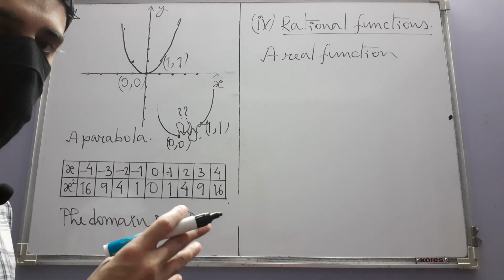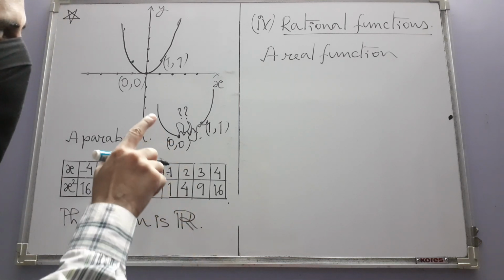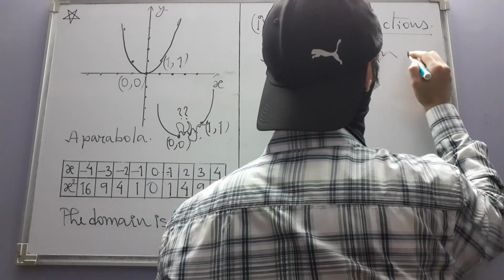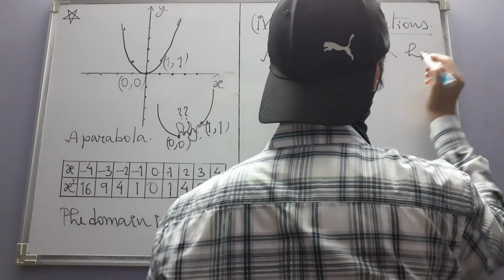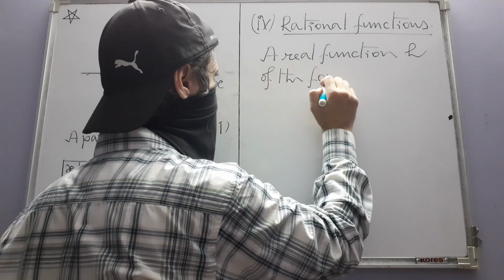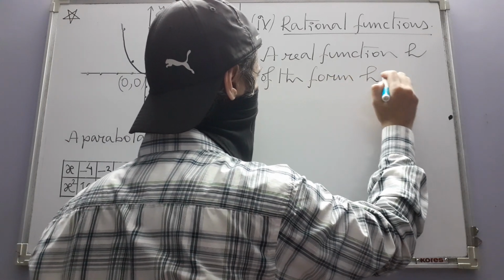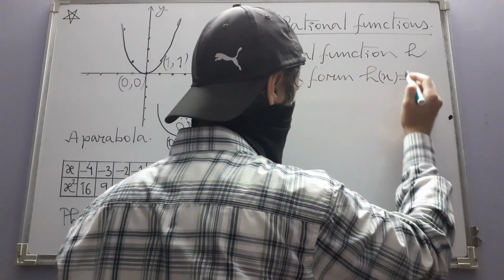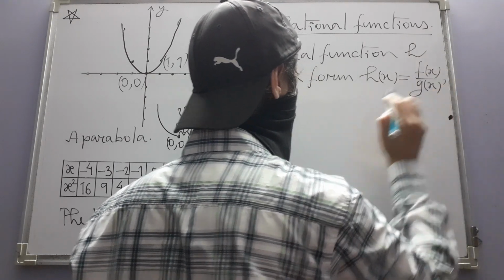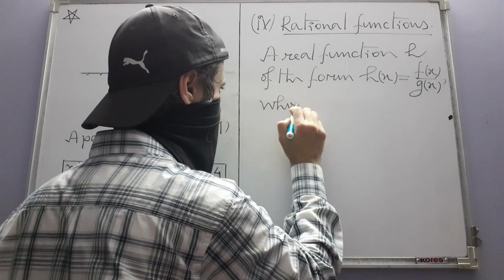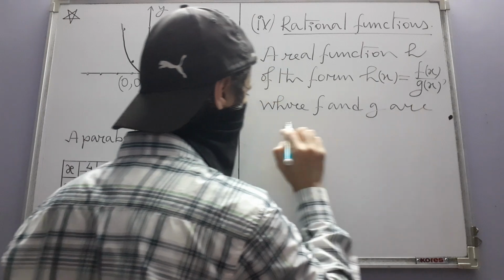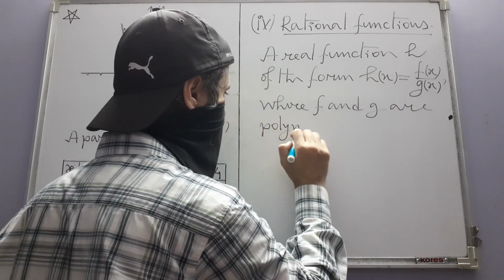In other words, the range should be a subset of the set of real numbers, and the domain should also be a subset of R. A real function h, let me call it h, of the form, whose rule or formula is going to look like this: f of x divided by g of x, where f and g are polynomial functions.